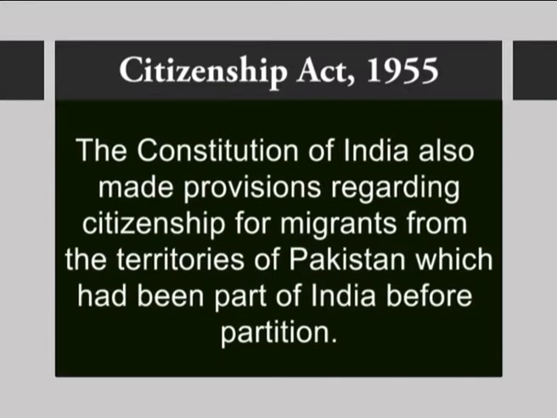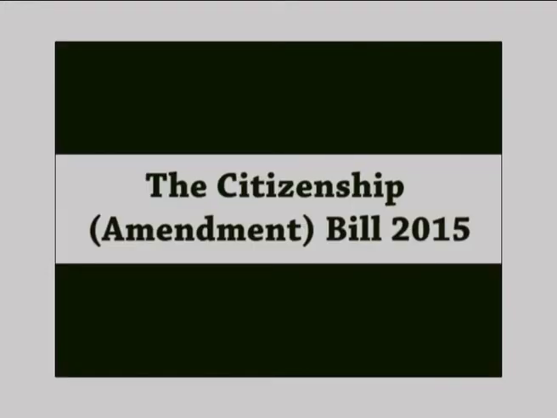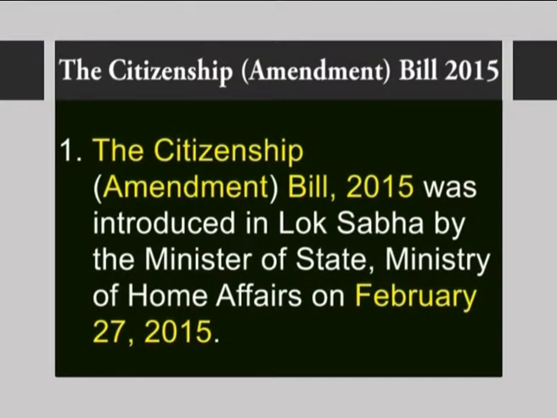The Constitution of India also made provisions regarding citizenship for migrants from the territories of Pakistan, which had been part of India before partition. The Citizenship Amendment Bill 2015. The Citizenship Amendment Bill 2015 was introduced in Lok Sabha by the Minister of State, Ministry of Home Affairs on February 27, 2015.